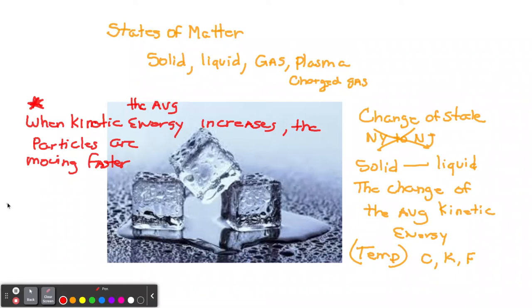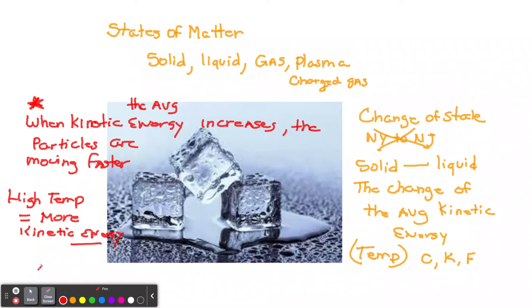So you can think of this basically as higher temperature would equal more kinetic energy. We should say faster. The particles are moving faster. So when the particles are moving faster, you're getting a higher temperature.